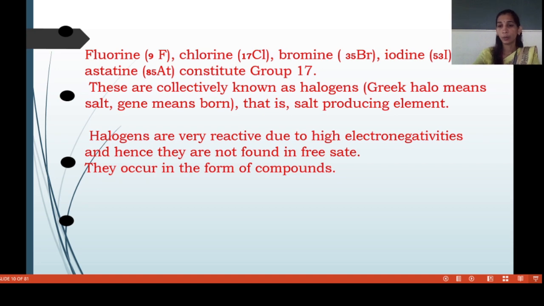Halogens are very reactive due to their high electronegativity, and hence they are not found in the free state. They occur in the form of compounds, not in the free state.